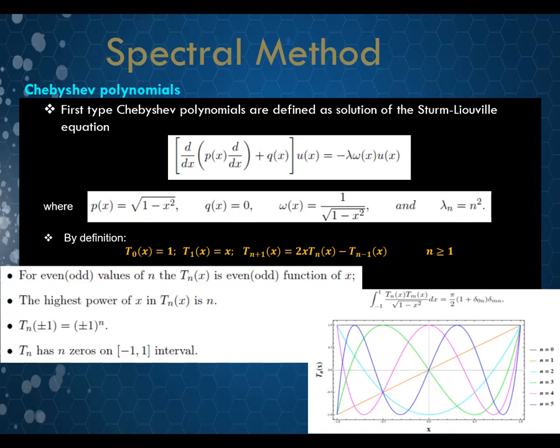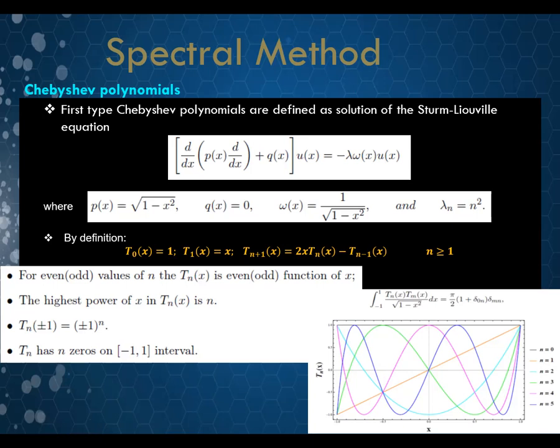Yes, right. The odd number of these, sorry, this is between -1 and 1, and it should be mapped to 0 to 1.